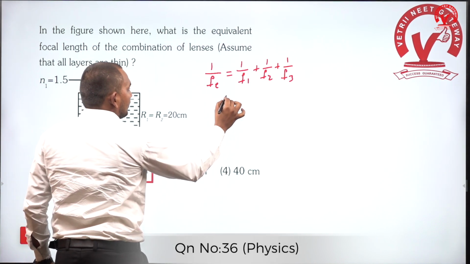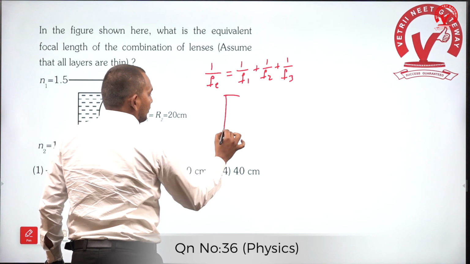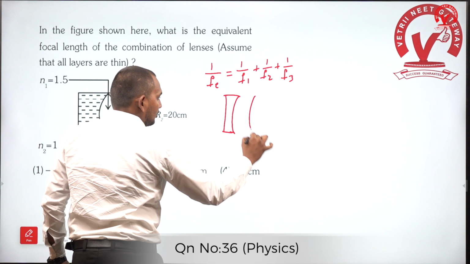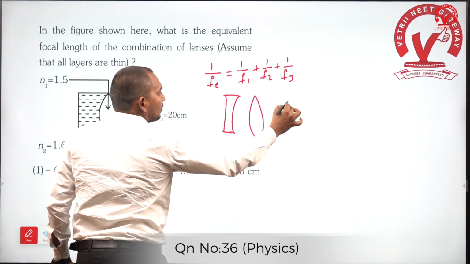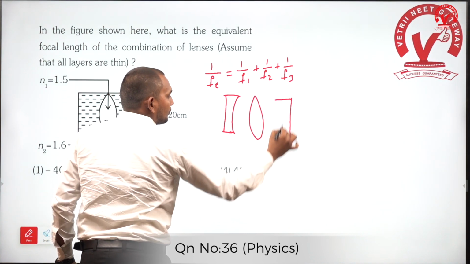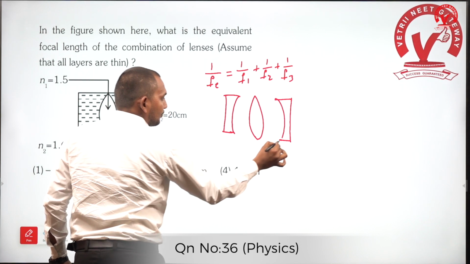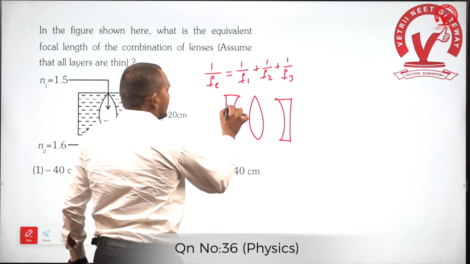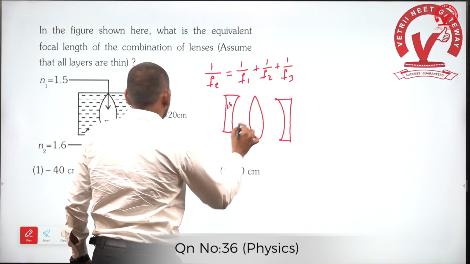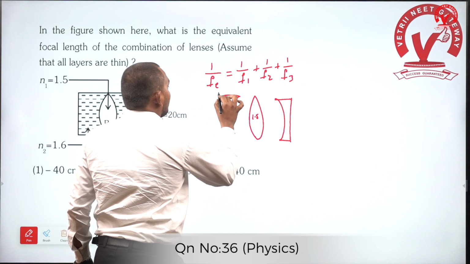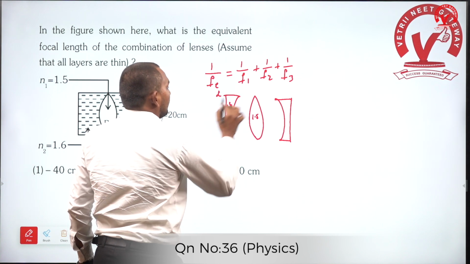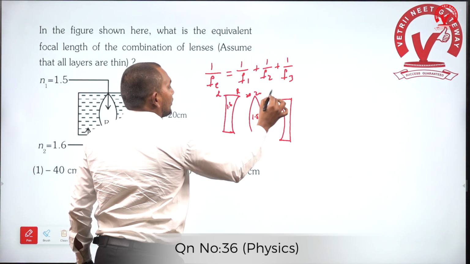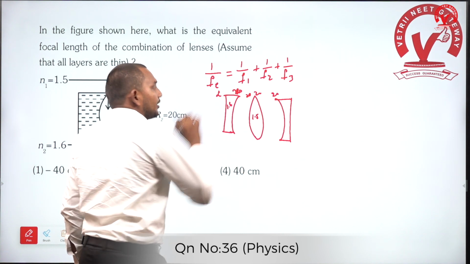Here they have given refractive index 1.6, here 1.5, here infinity, here R is 20, here also 20, here also 20, here also 20.